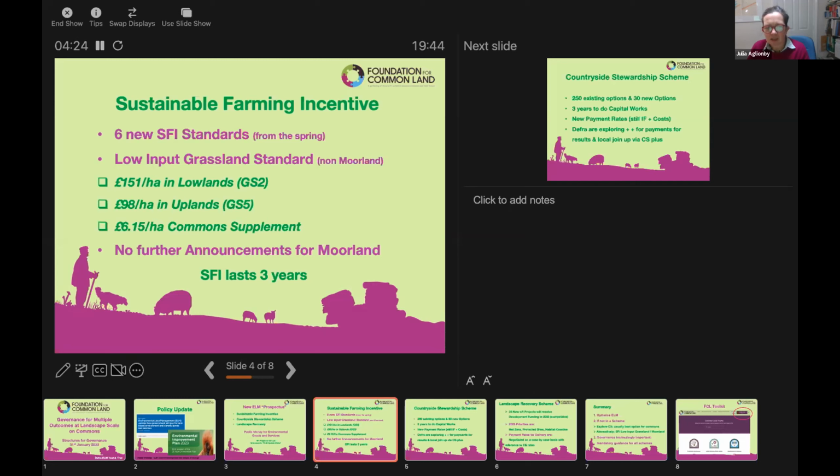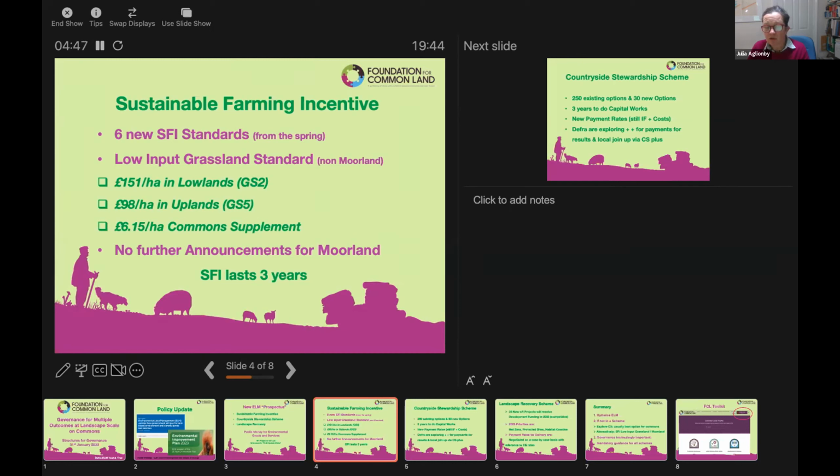The payment rate in the lowlands is £151 a hectare, and it's £98 a hectare in the uplands, and these reflect the options under Countryside Stewardship, which are GS2 and GS5. So effectively what's happened is that Countryside Stewardship options have been pushed down into SFI for low input grassland.